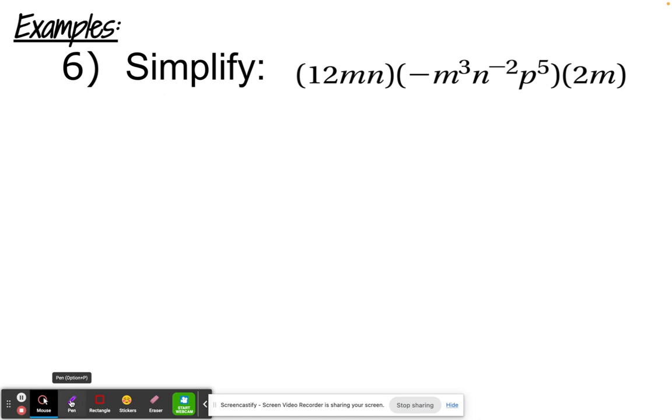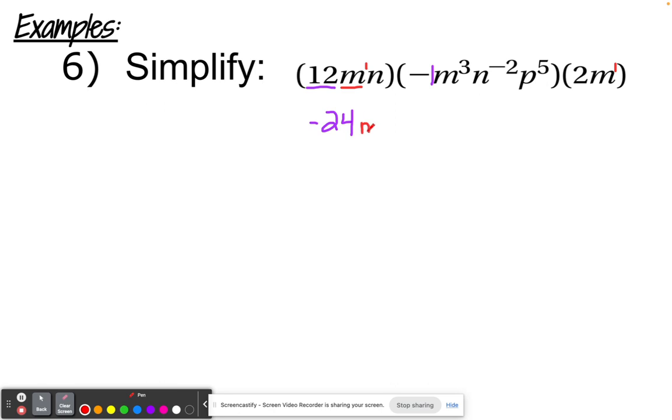Next example. Look at my coefficients. First I have 12. I have a negative 1 here. So 12 times negative 1 is negative 12. Times 2 is negative 24. I have m to the 1st power, m to the 3rd power, and m again to the 1st power. So 1 plus 3 plus 1 is 5.